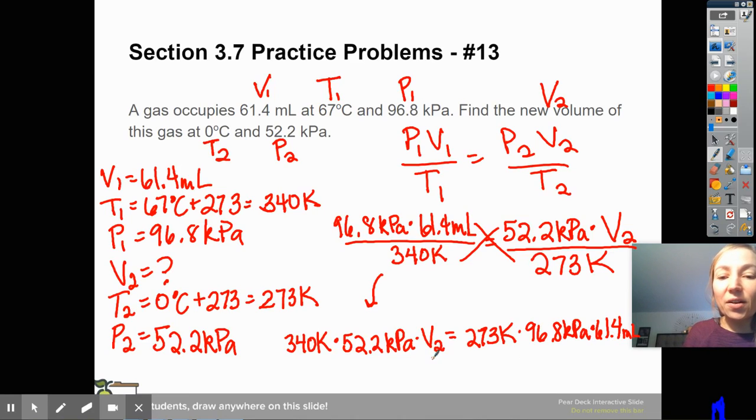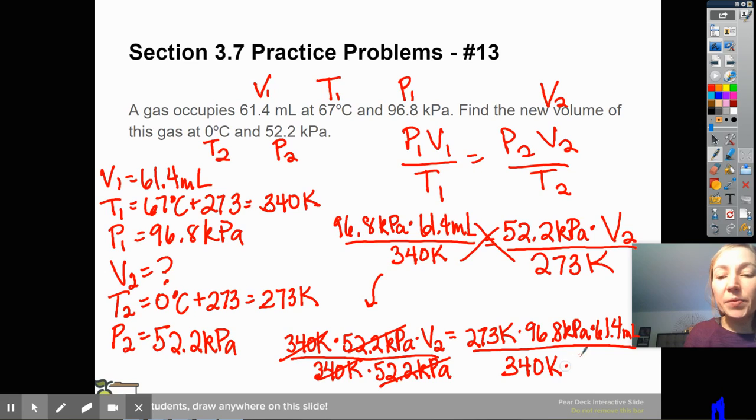Okay, now to get V2 alone, I've got to divide both sides by 340 Kelvin and by 52.2 kilopascals. And that gets V2 all alone, so I have solved for V2.